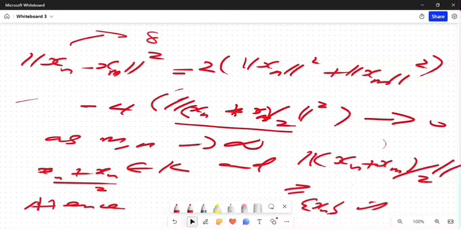Okay, it's Cauchy. Let me share a new screen so that it will be neater.